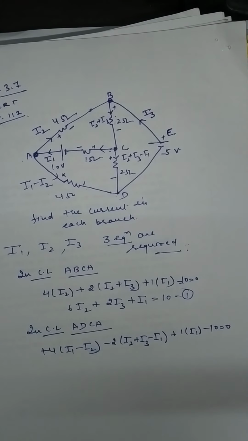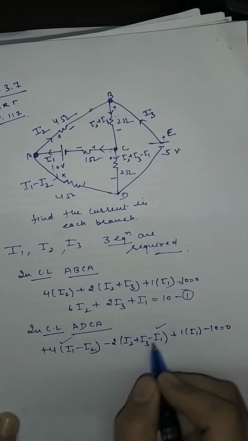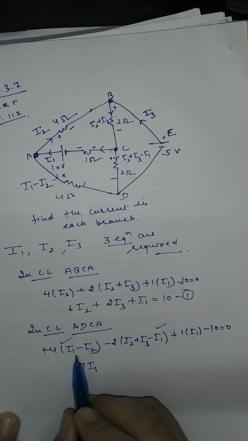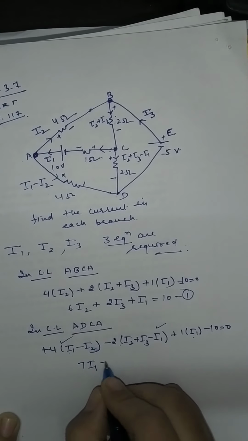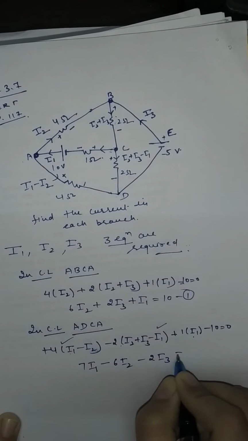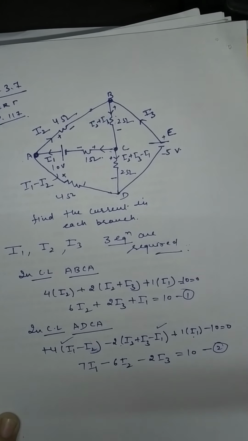Now you can solve this, combine the terms containing I1, 4I1, and this is plus 2I1 and 1I1, 7I1. This is minus 4I2, minus 2I2, minus 6I2, minus 2I3 equal to 10. This is equation number 2.